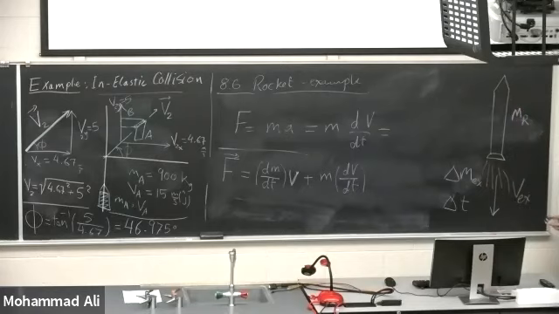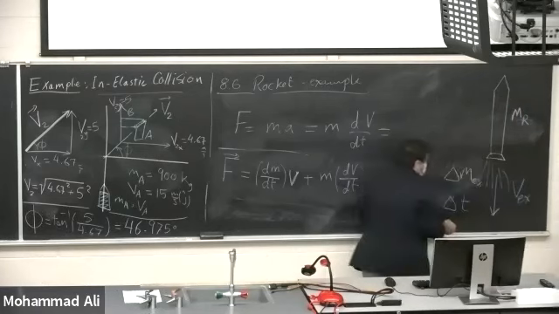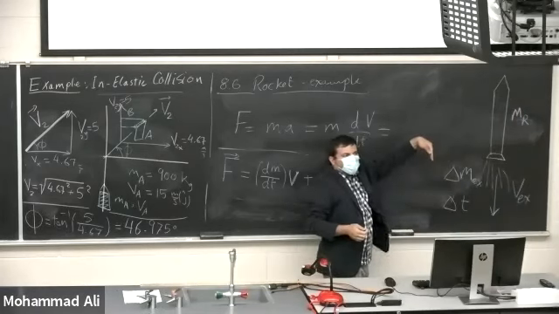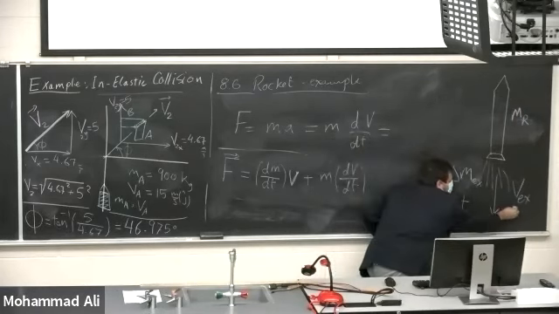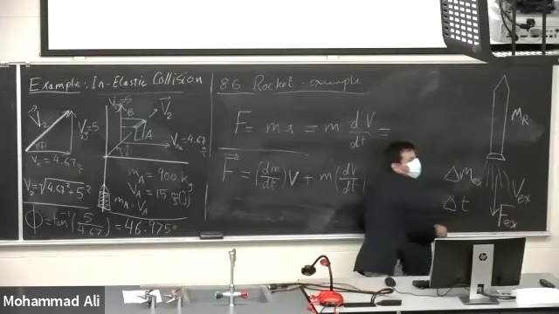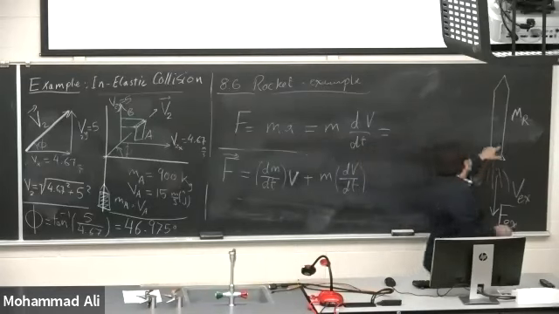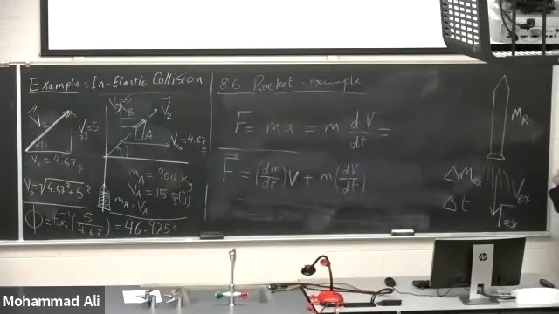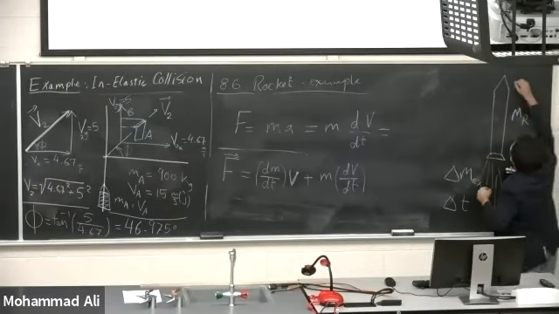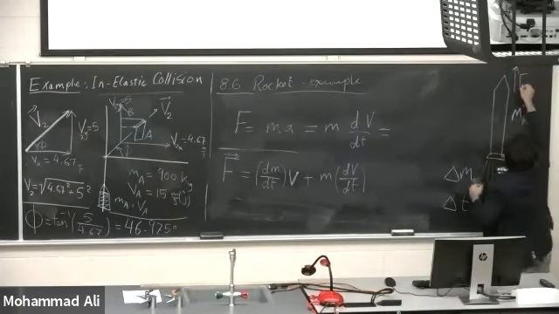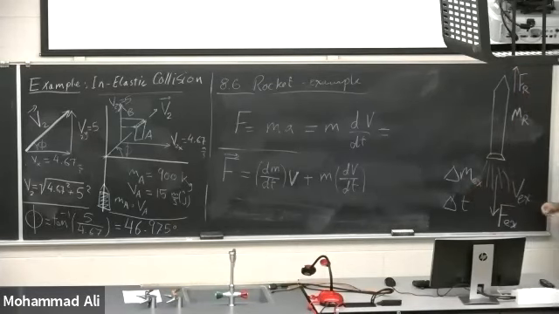Now, we have a force in the backward direction. We have a force for the exhausted materials. This force acts on the rocket mass and produces a reaction force forward, acting on the rocket.